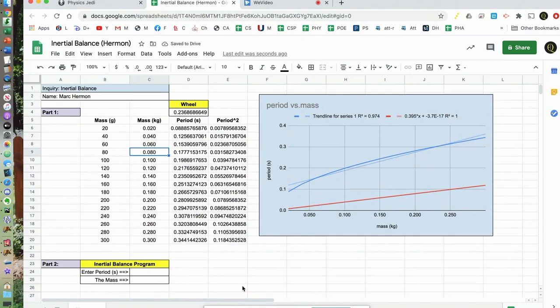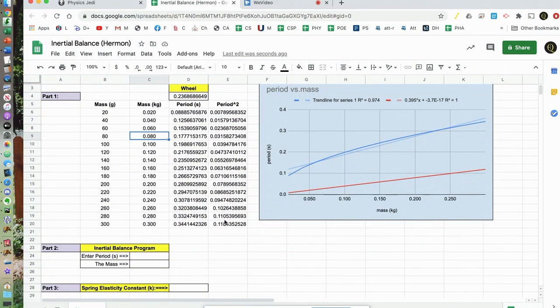And part 2 on the inquiry, if you go back and read it, says to write a little program that says, if you put some unknown mass on our inertial balance that we have at the school and you get a certain period, what will the mass be? So you'd write a computer program so that they hook it up to the mass, it measures the period, and it just spits out what the mass is.